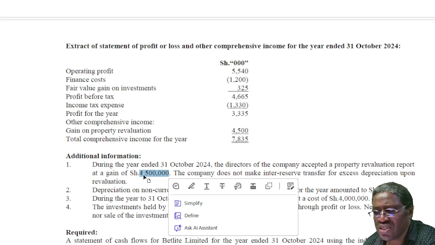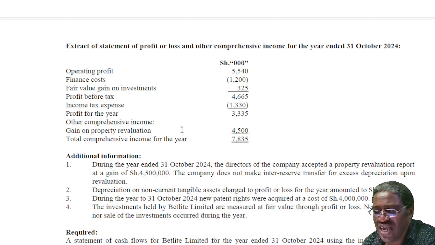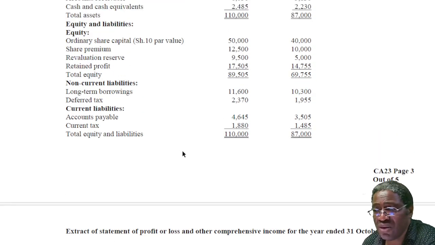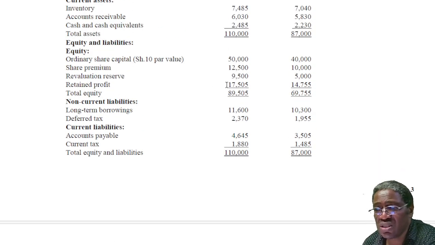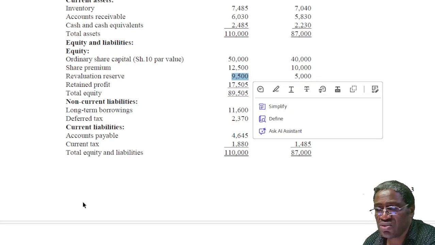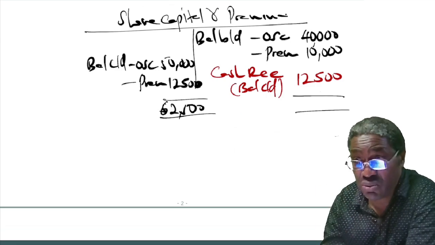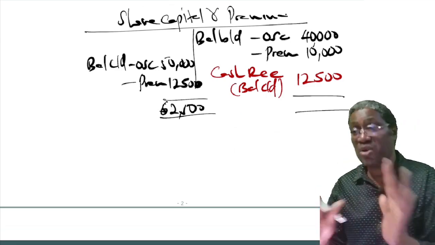So if last year the balance was 5,000, if I add the gain on revaluation of 4.5 million, that should give me 9.5 million. Let's confirm whether it's the same balance carried out. Yes. So it automatically means there was nothing that can affect cash flow concerning revaluation.